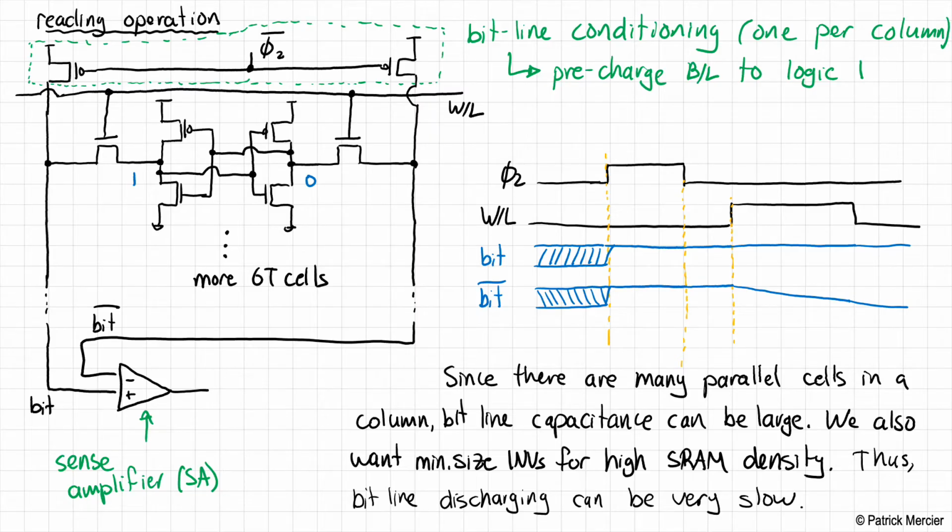And that's really the big problem that we have with SRAMs, and this is the reason why we use what we call sense amplifiers. We'll get into the exact details of those sense amplifiers momentarily. Even though those bit lines are discharging rather slowly, there are ways to do what we call large signal sensing.